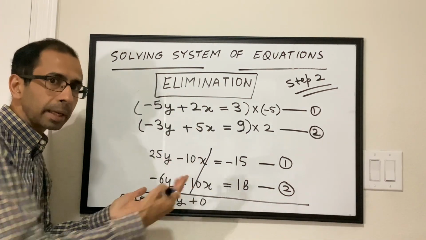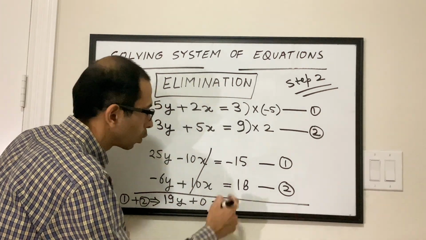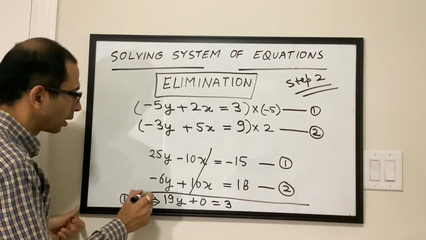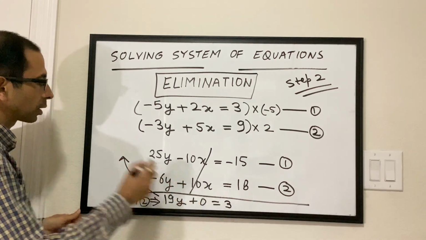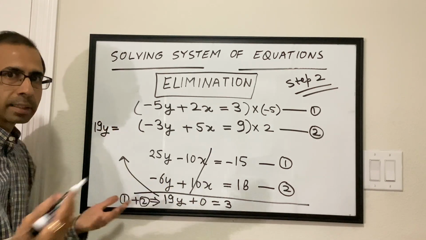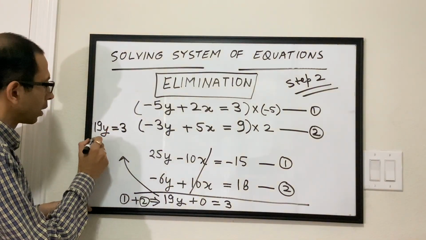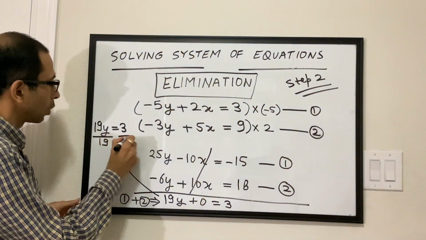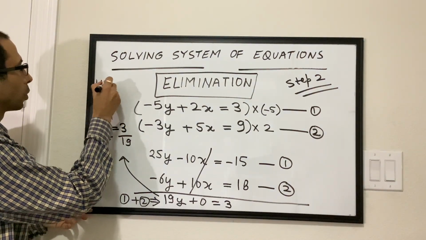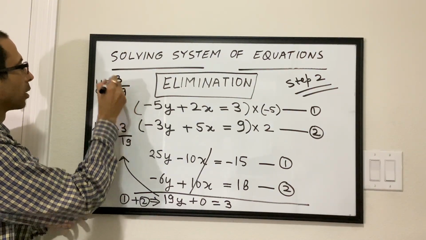We wanted to eliminate x, right? Is equal to minus 15 plus 18, which is 3. So essentially, we got 19y plus 0, which is 19y, is equal to 3. And then we divide by 19 on both sides to get y is equal to 3 over 19.